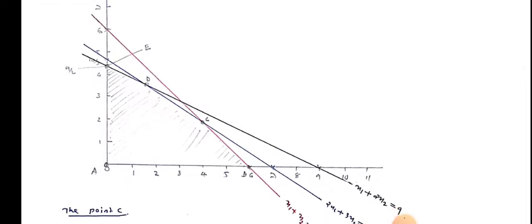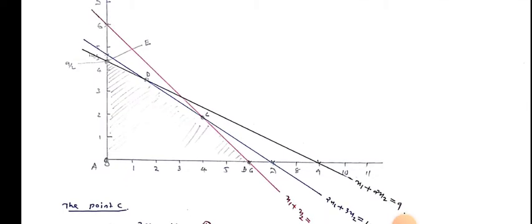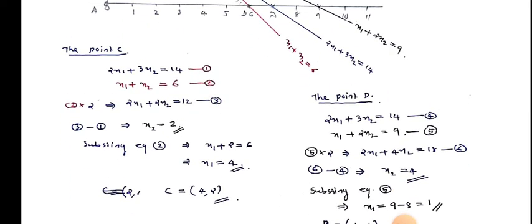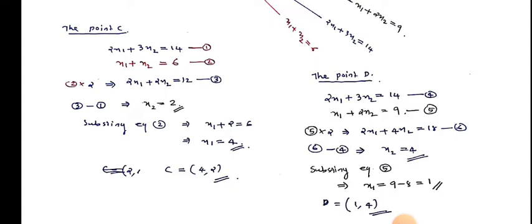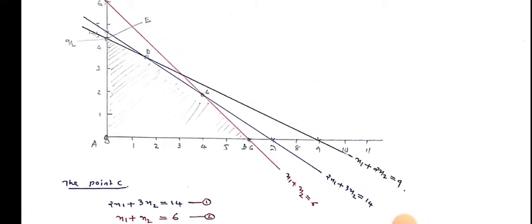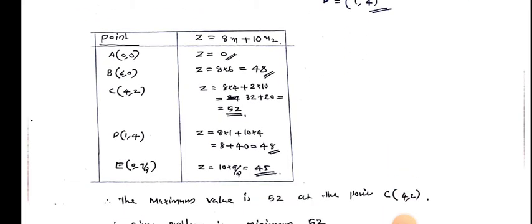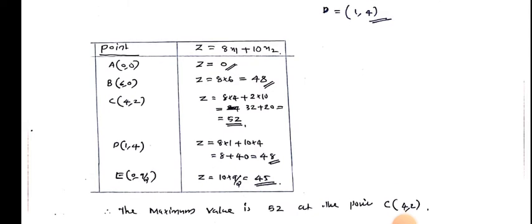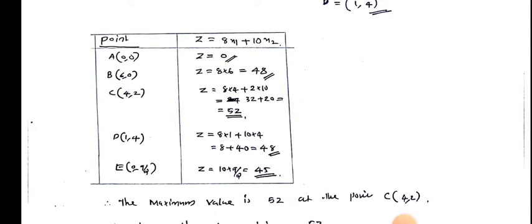A is 0, 0, B is 6, 0, C is 4, 2, D is 1, 4, and E is 0, 9 by 2. Next, the table: the first column is the point and the second column is the Z value, Z equal to 8x1 plus 10x2.